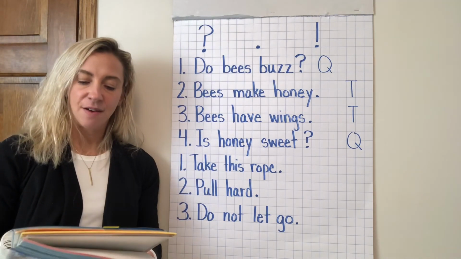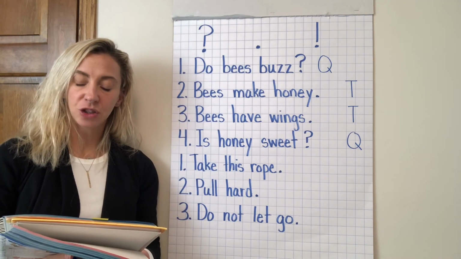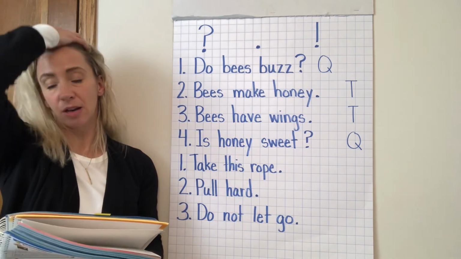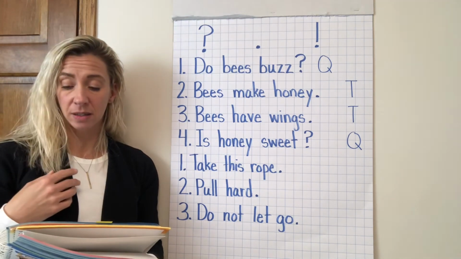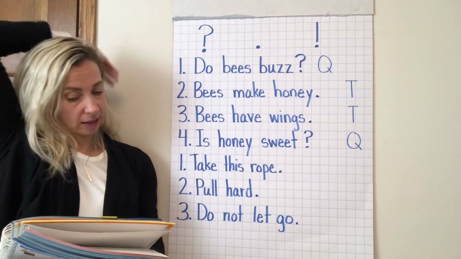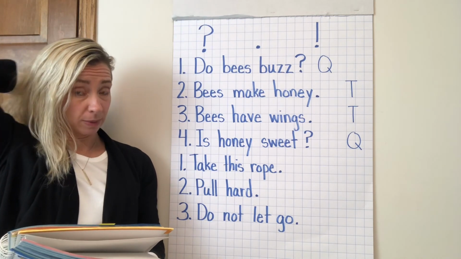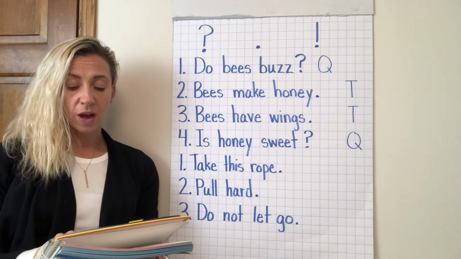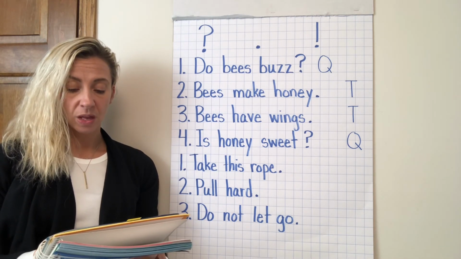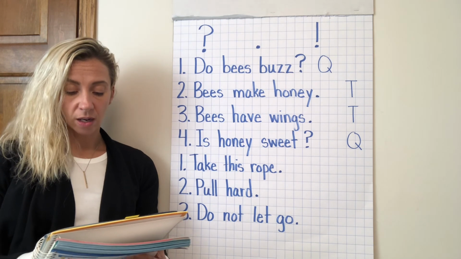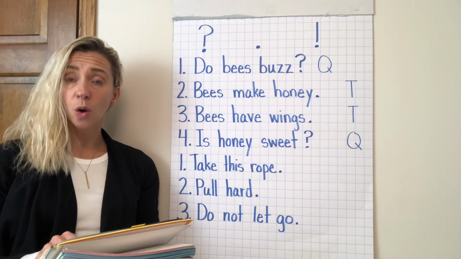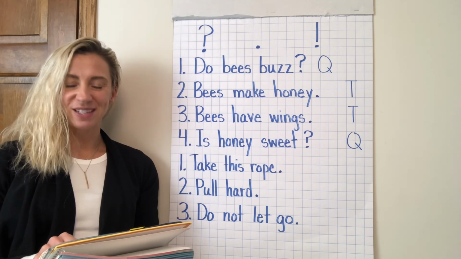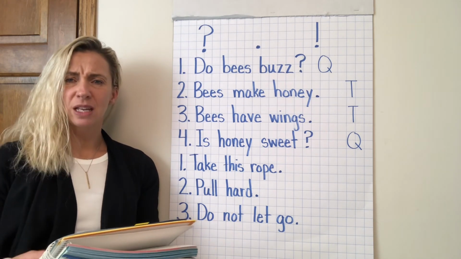All right. 4 to 6 says, proofread this chart of commands. Find 3 mistakes with capital letters and end marks. Write the commands correctly. We're not going to write them, but we will go over them. So let's read that fire drill rules. Here we go. Fire drill rules. Do not talk. Please walk quickly. Follow your teacher. What's the first mistake you see?